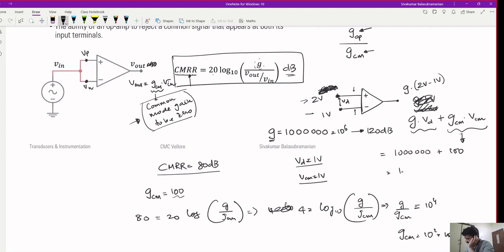So the output will simply be, if both of these were in microvolts, 2 microvolts and 1 microvolt, then what would be your corresponding outputs?